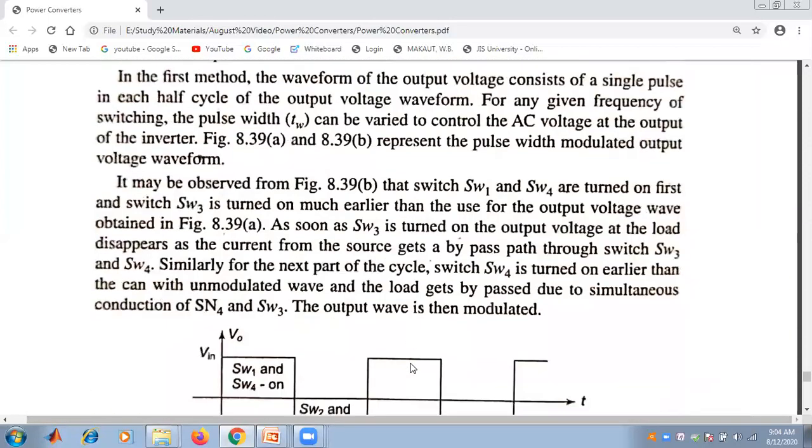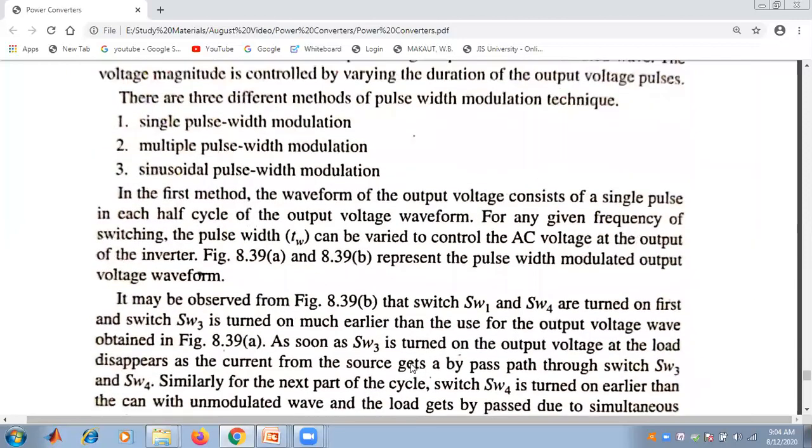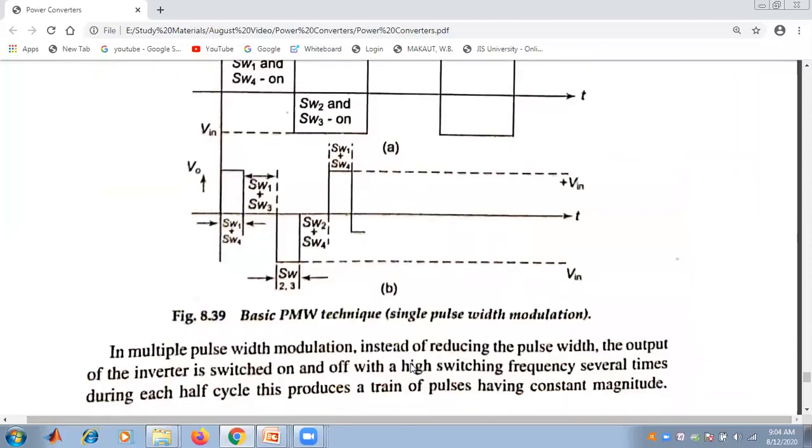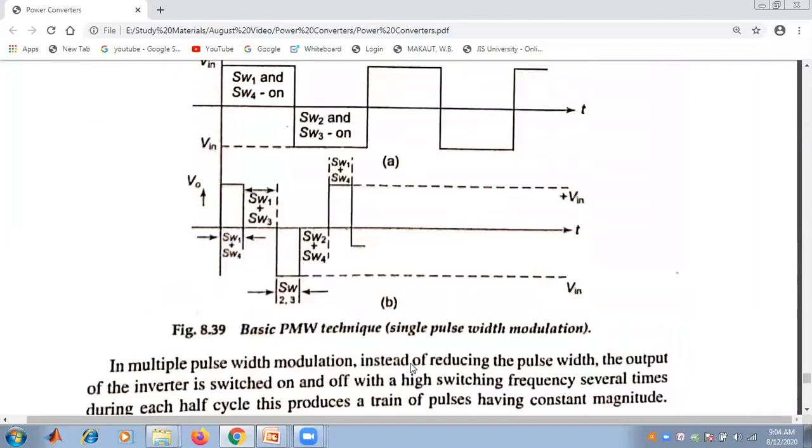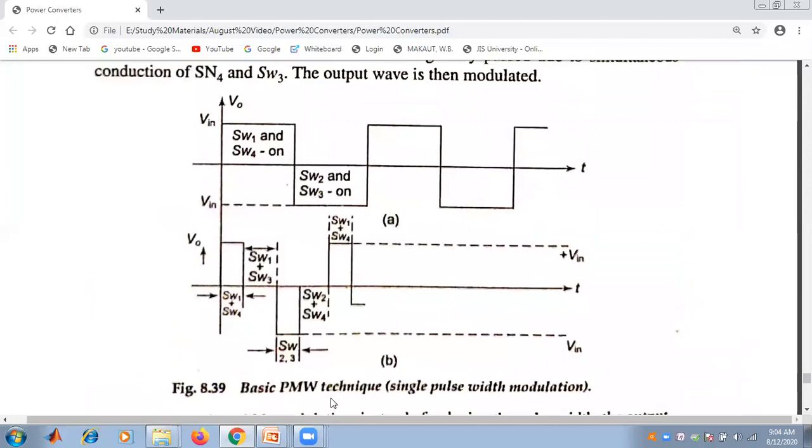In the first method, if I go to the waveform, that is the basic PWM technique.